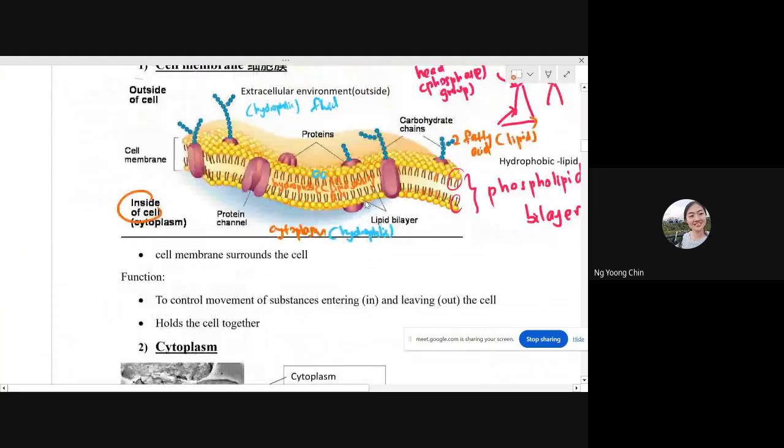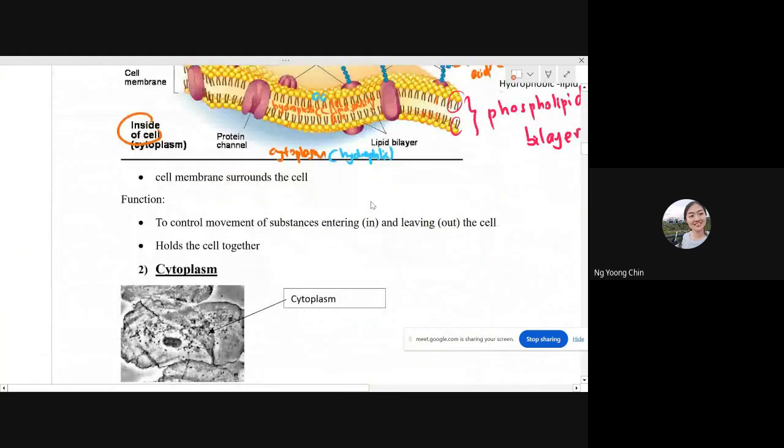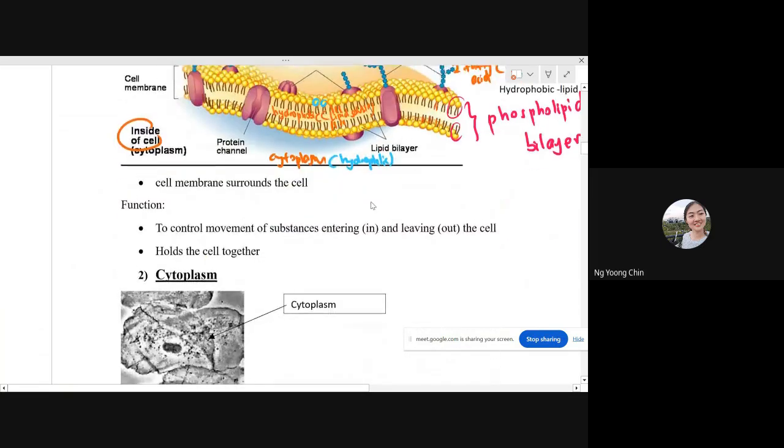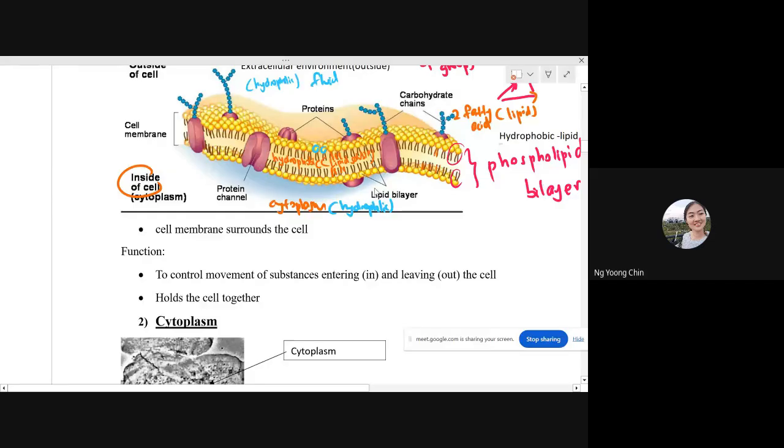It has the hydrophilic and hydrophobic property, so its characteristic is that it is semi-permeable. Its function is to control the movement of certain substances entering or leaving the cell, and to hold the cell together.